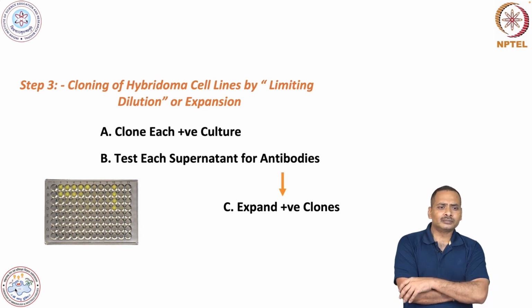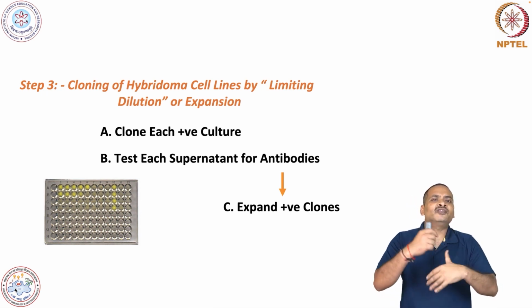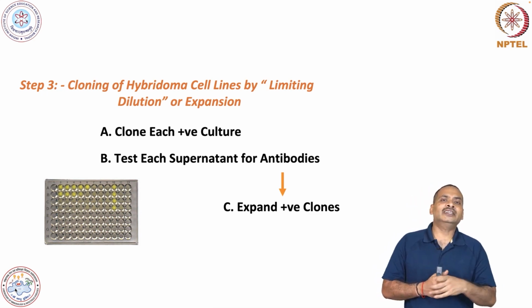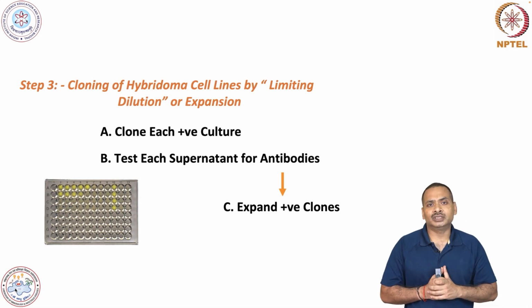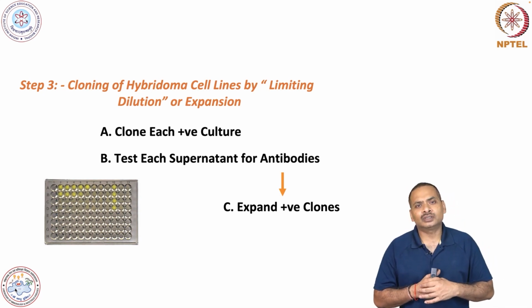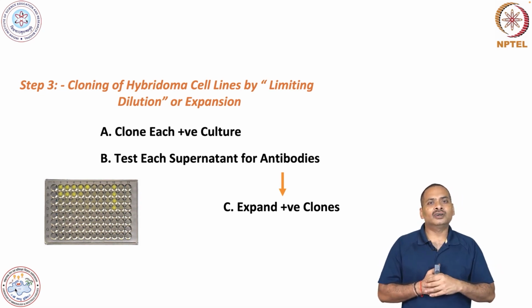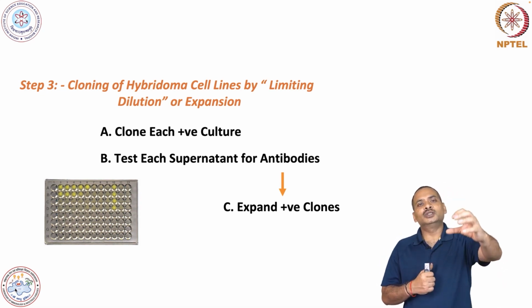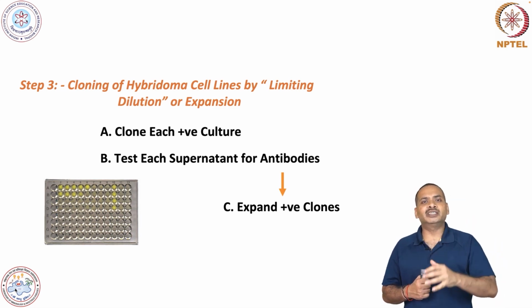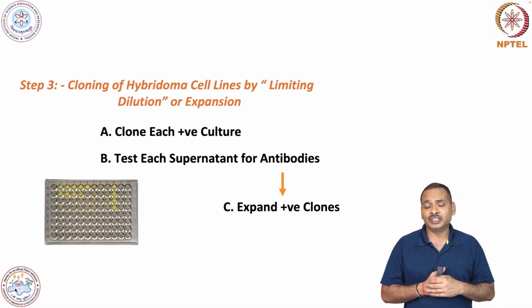This will amplify with time, and then we test for the antibody, whether it is making our antibody of interest or not. Once you find that this clone is making the antibody of interest, you take that colony and expand it in bigger numbers, and then it will make a huge amount of antibody.